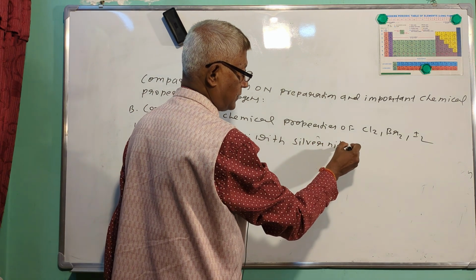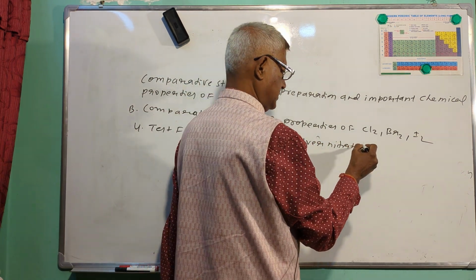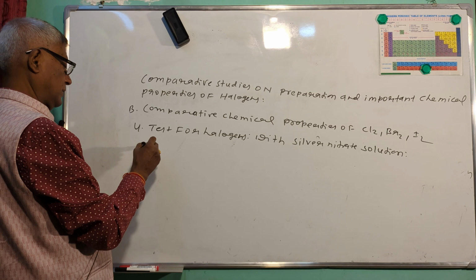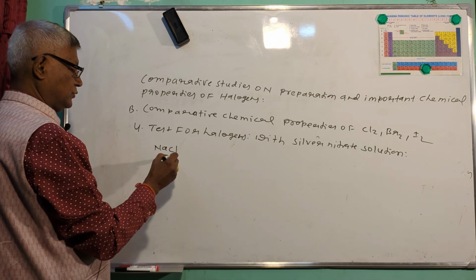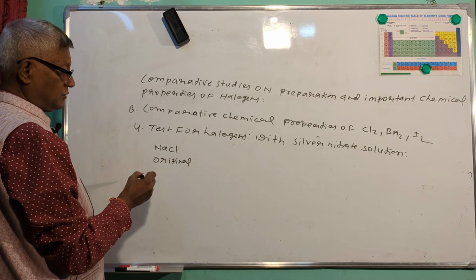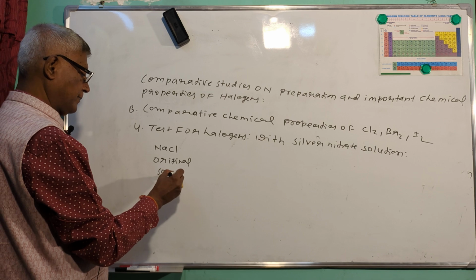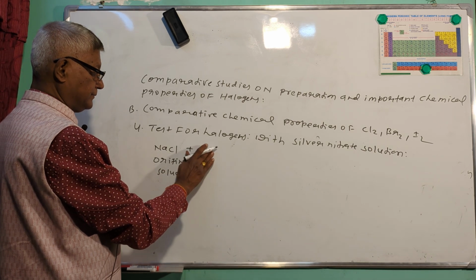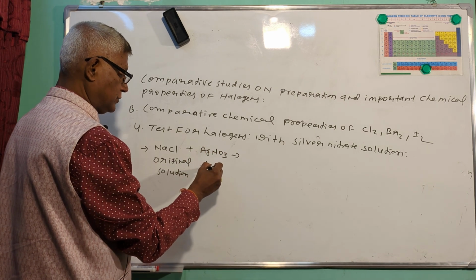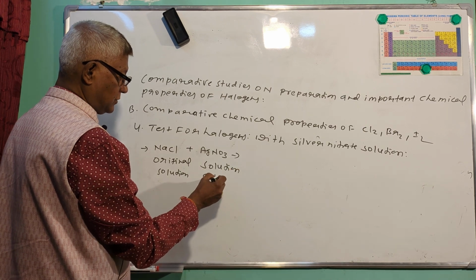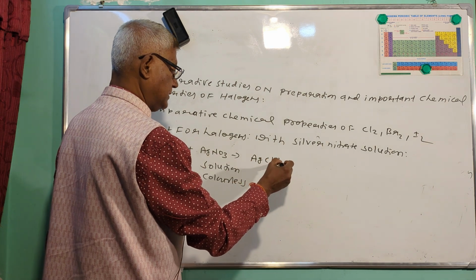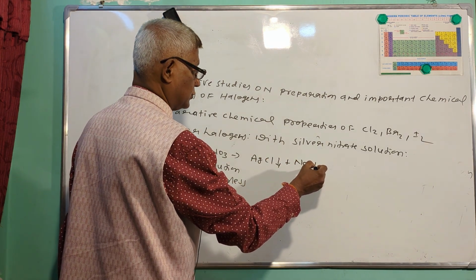I have already told you in organic chemistry about silver nitrate solution. Suppose we have NaCl as the original solution, meaning a solution made from sodium chloride. When silver nitrate solution is added, that is colorless, so we have AgCl plus sodium nitrate.